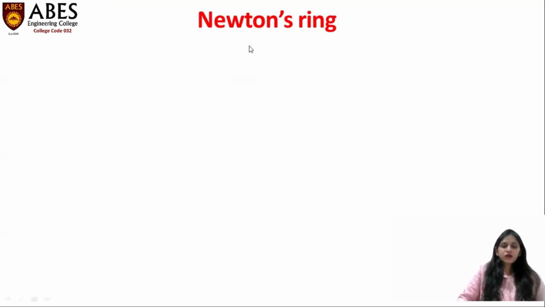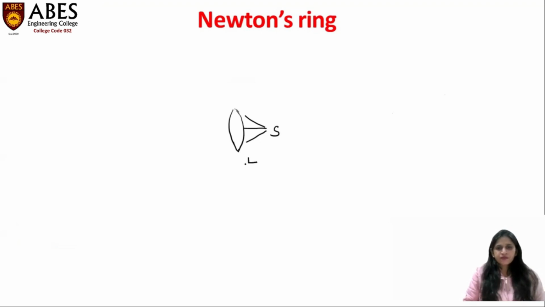To study Newton's ring, we have to study the experimental arrangement first. Light from a source S is incident on a convex lens. Then the light is collimated, or made parallel, and it is incident on a glass plate that is tilted.